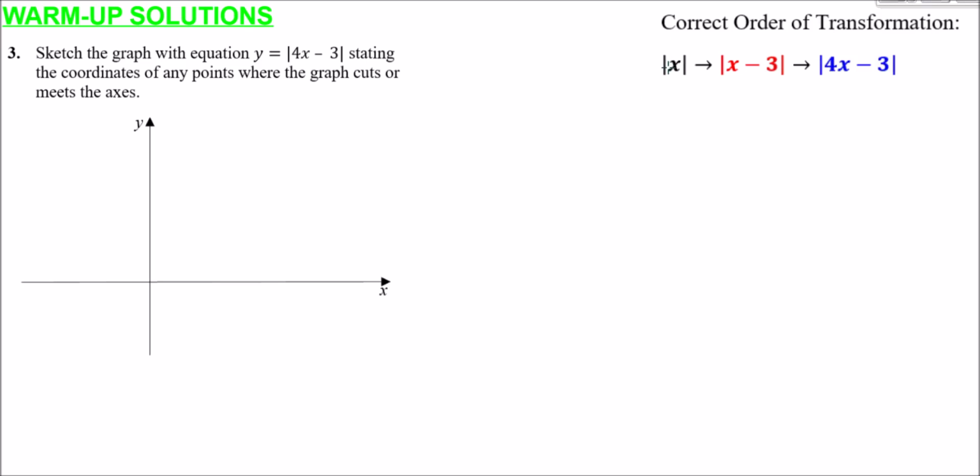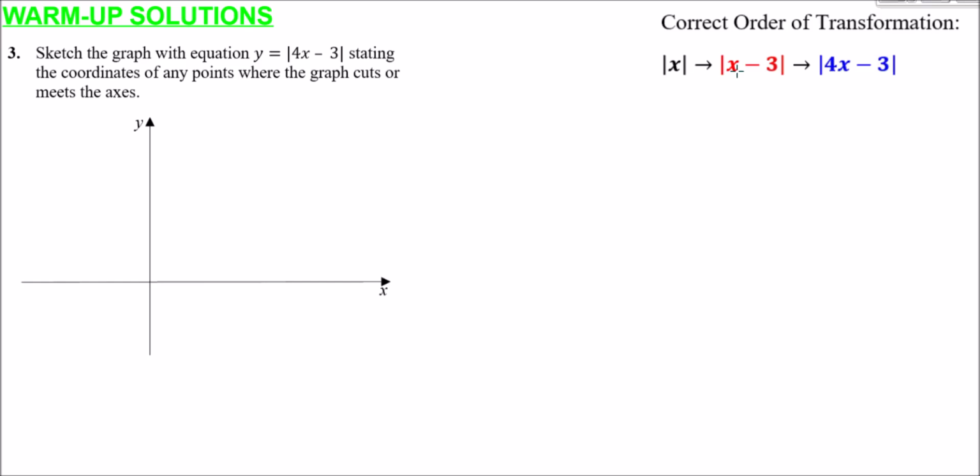According to BIDMAS, we'd normally do the multiplying by 4 first, and then worry about the subtracting 3. But because all of this is inside the modulus lines, we need to deal with the x minus 3 first, and then do the 4x after. So it's opposite to BIDMAS because it's inside these modulus lines. A silly way of thinking about it, but it works for me.